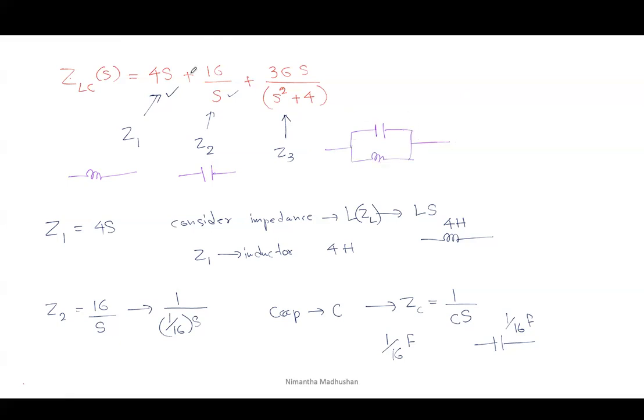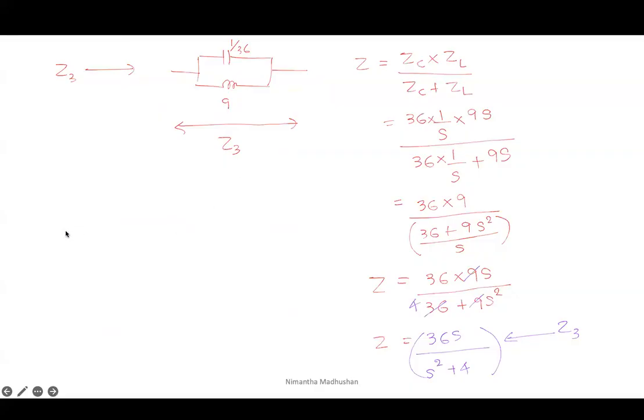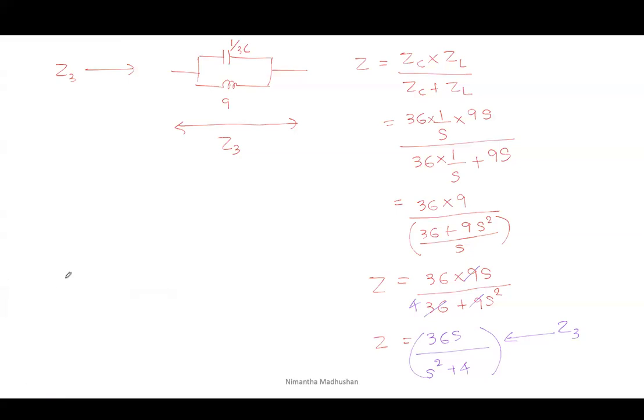Here, it is mentioned as plus, that means series connected. Then we can draw the final circuit. This is Z1, Z2, and Z3.